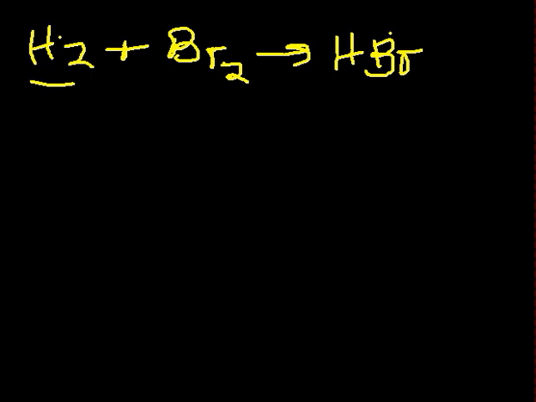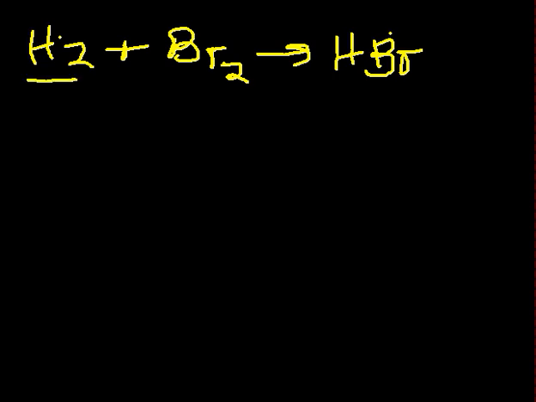Now, how should you go about the systematic method of balancing a chemical equation? Here are the things you have to understand. First, highlight the terms in the equation. We have a first term, a second term, and this is the third term. We can also have equations with 5 or 6 terms based on the nature of the equation.